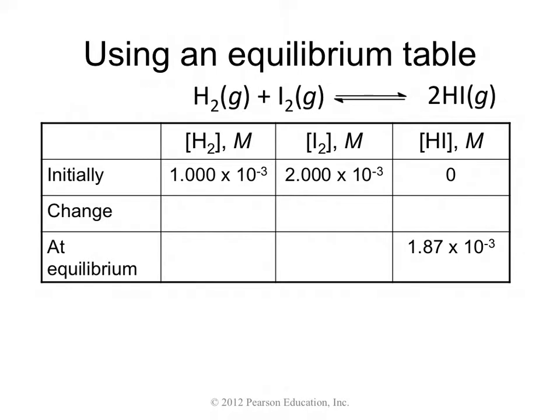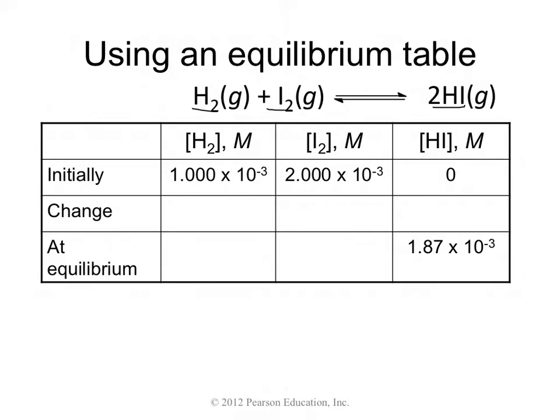Here is where I use the equilibrium table. What I want to do is look at the stoichiometry of my reaction. What I see is that for every 2 moles of HI, I use 1 mole each of H2 and I2.